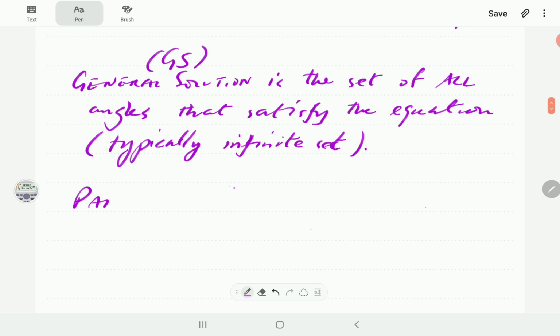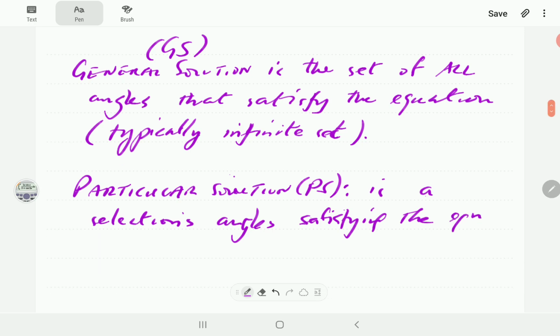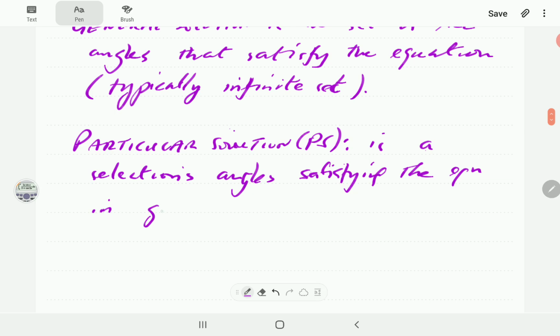Then there is what is called a particular solution. A particular solution is a selection of angles satisfying the equation in a given range.